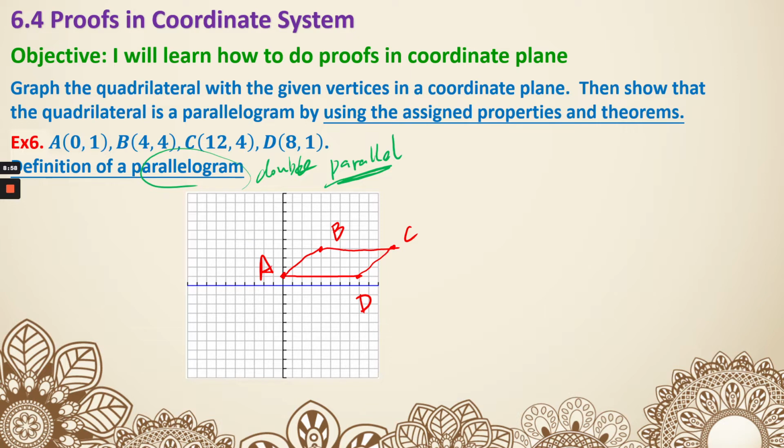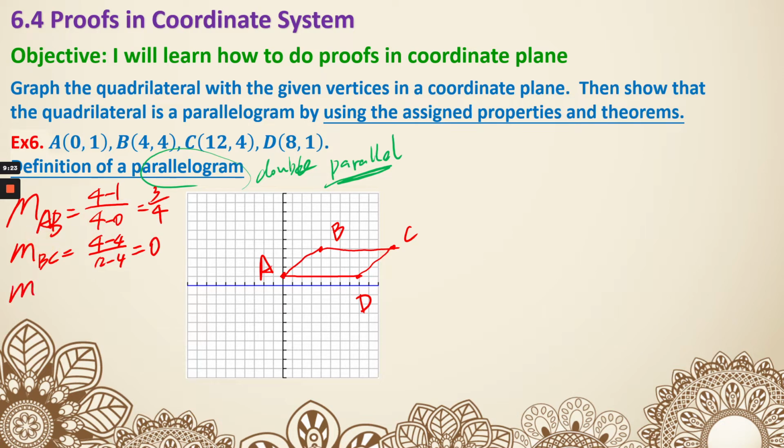And again, if you're trying to prove they're parallel, you need to find the slope. So the slope of AB, I'm going to use the points A and B, so that's 4 minus 1 over 4 minus 0, so that's going to be 3/4. The slope of BC is 4 minus 4 over 12 minus 4, which is 0.